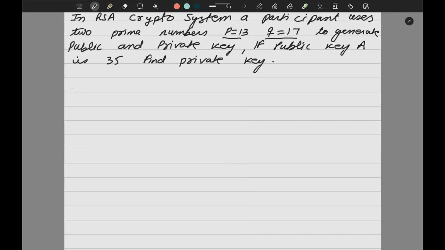So my first step was define what is your P and Q. So here P is 13 and Q is 17. And step 2 was define N, and N is equal to 13 into 17. Right? So when I do 13 into 17, this is equal to 221.